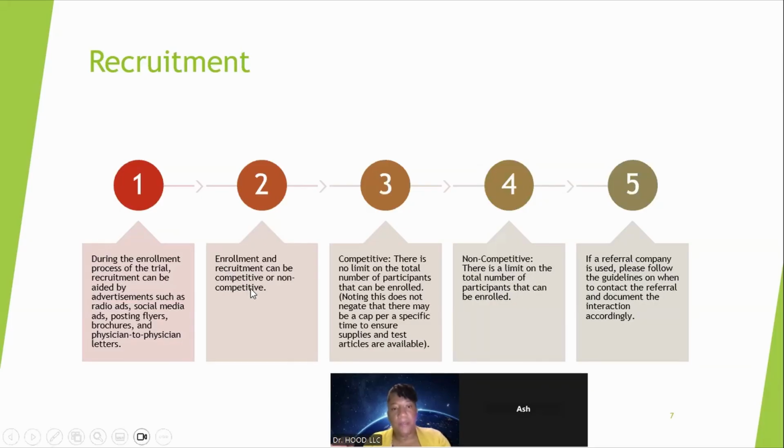Enrollment and recruitment can be competitive or non-competitive. Competitive is when there's no limit on how many patients a site can enroll. Sometimes I don't always agree with this process, because how fast one site opens is not the same as another site.